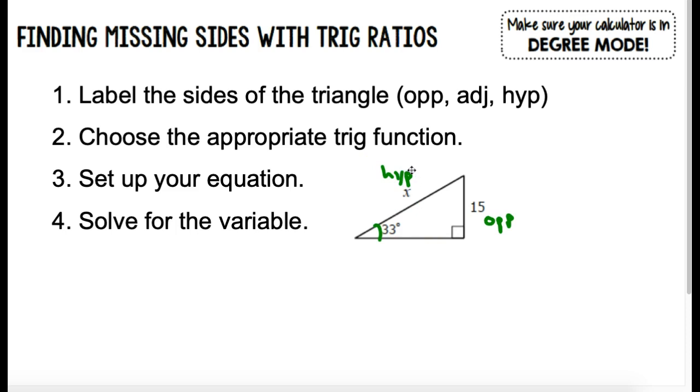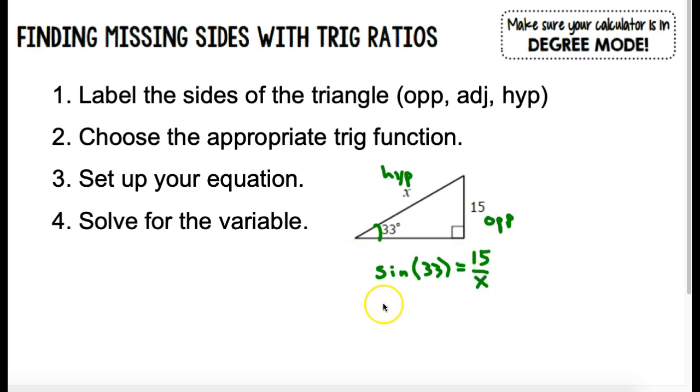So if we're thinking SOH CAH TOA, the trig function that deals with opposite and hypotenuse is sine. So sine of 33 degrees equals opposite over hypotenuse. So in this case, we're going to have equals 15 over x.